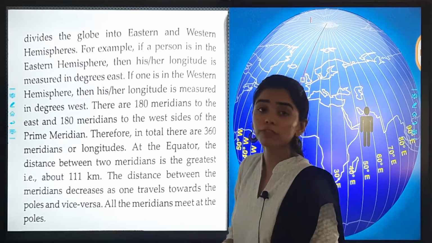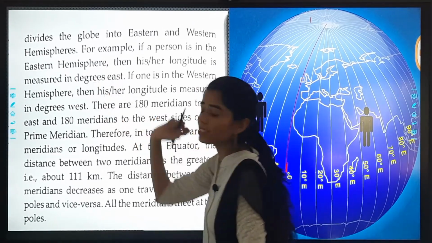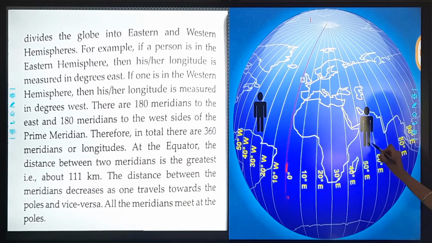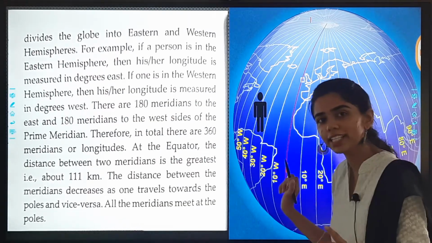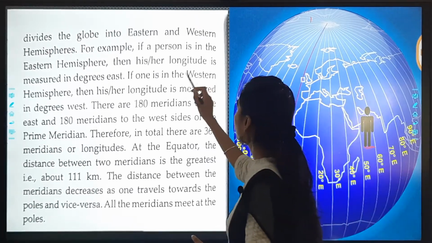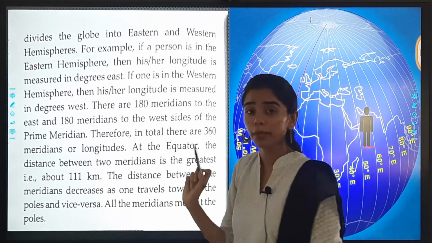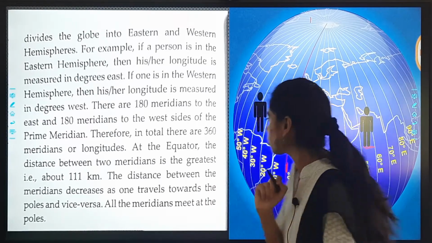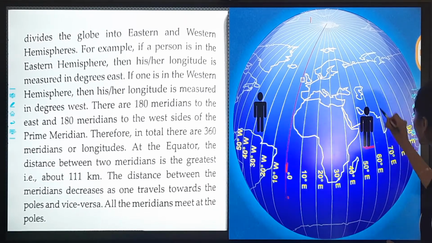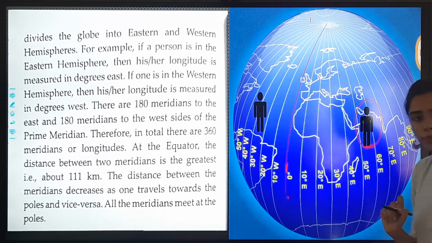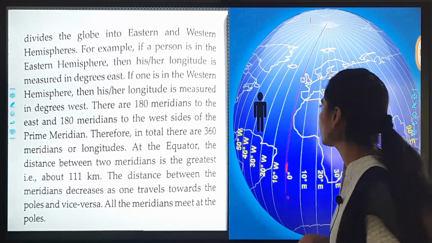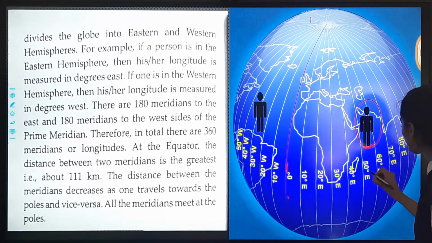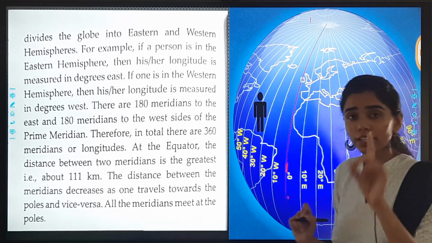For example, if a person is in the eastern hemisphere, see over here there is a person and he or she is in the eastern hemisphere, then his or her longitude is measured in degrees east. Now you understood. See, suppose the person is standing in the east direction.